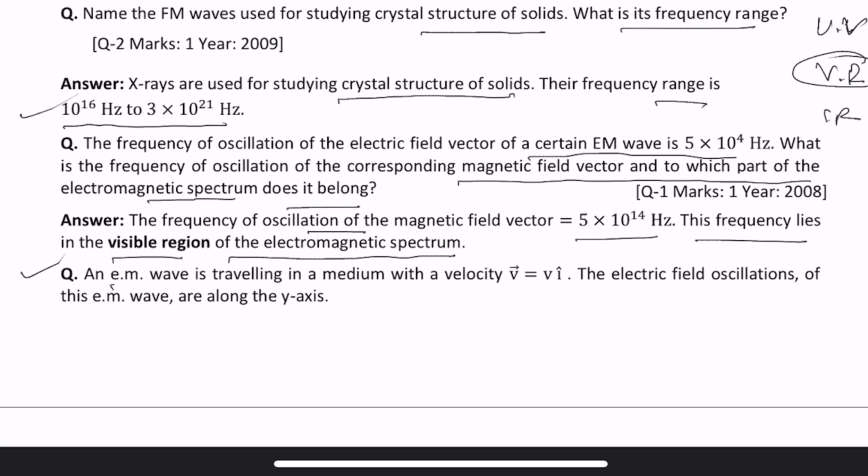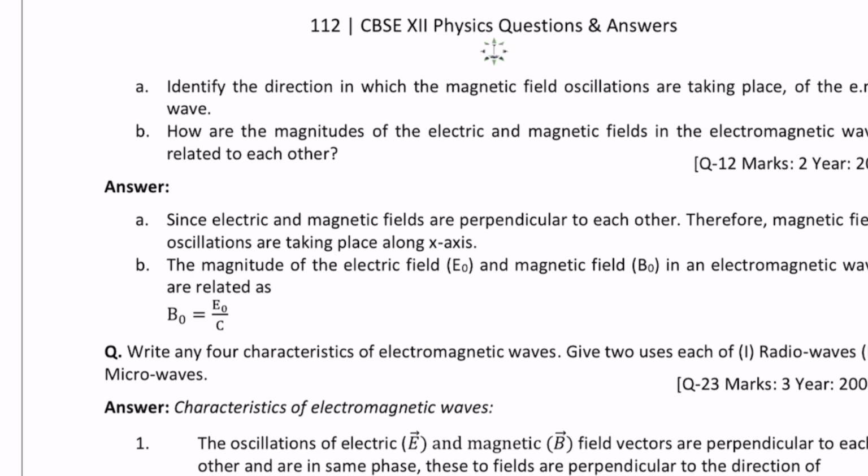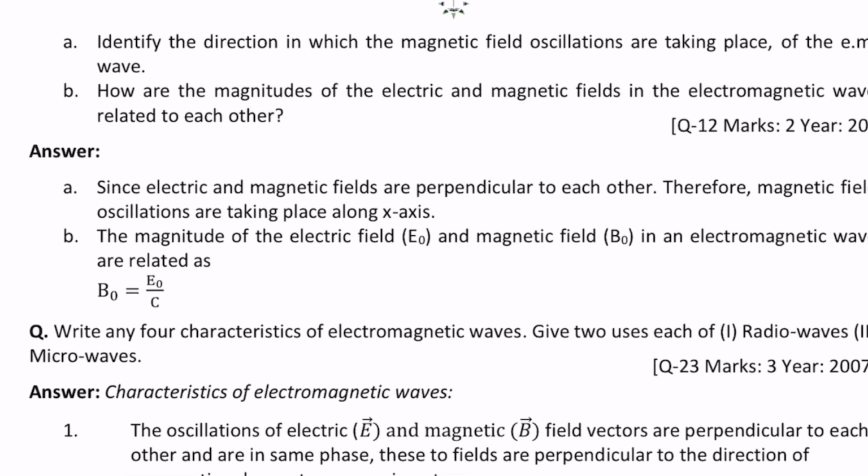Now, an electromagnetic wave is traveling in a medium with a velocity this much. The electric field oscillations of the electromagnetic wave are along the y-axis. Identify the direction in which the magnetic field oscillations are taking place. How are the magnitudes of the electric and magnetic fields in electromagnetic waves related to each other?